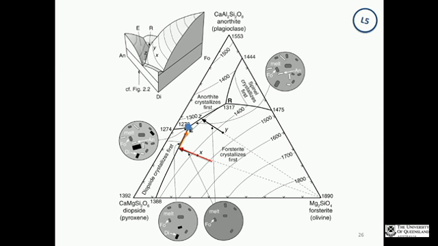Until it hits the cotectic, where diopside starts crystallizing as well. And we decrease the temperature along this line until we reach the eutectic, where all three minerals crystallize together. And we will not be able to change the temperature below 1270 until all the liquid is consumed, because below that point, there's no liquid in the phase diagram. Okay? So this is the ideal crystallization path of magma with composition X as we decrease the temperature.